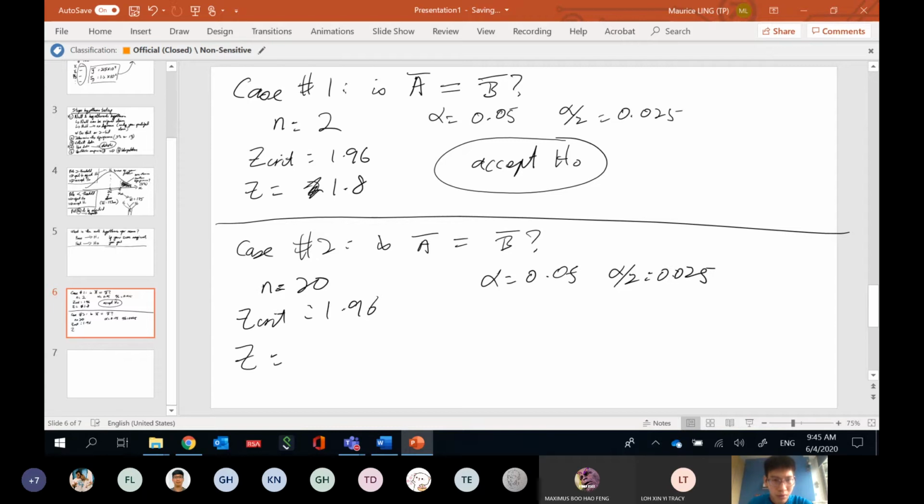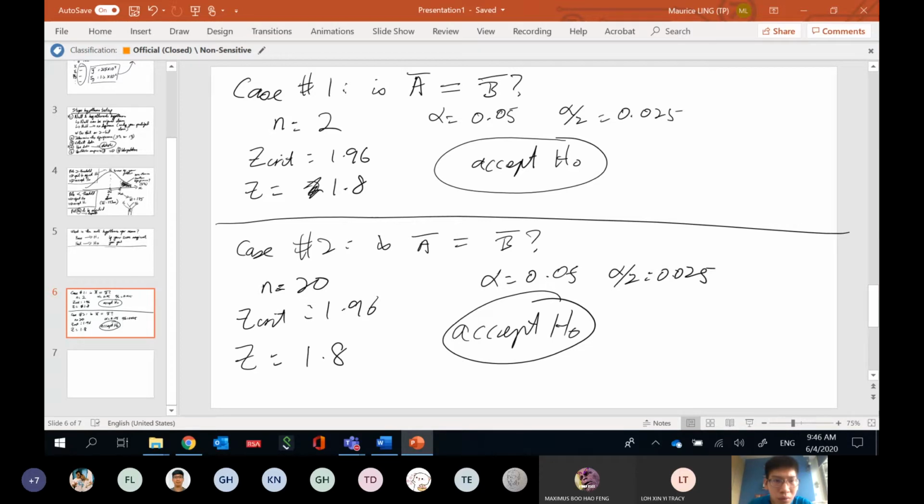And then you calculate your Z, it's also the same 1.8. The conclusion is you accept the null hypothesis. Now, both of these are mathematically and statistically correct in the first place. However, which case or which study will you be more confident about?